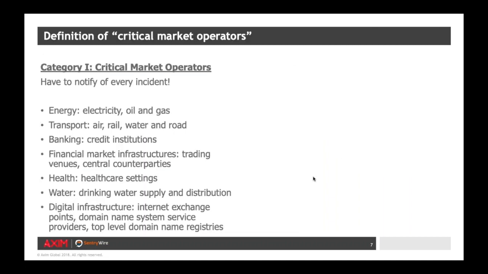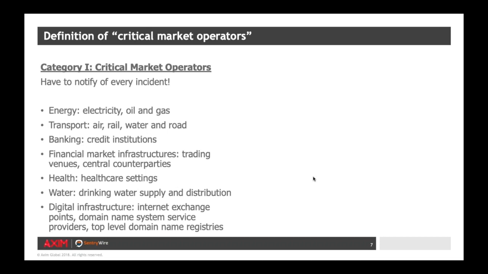So if we look at the two categories in a little bit more detail and the requirements that are being placed on them, as mentioned earlier, there's the category of so-called critical market operators, which basically deal with critical infrastructure. So again, we can imagine energy there.